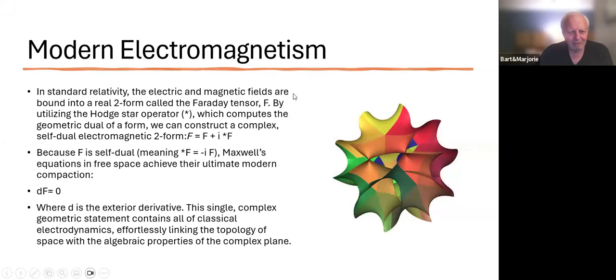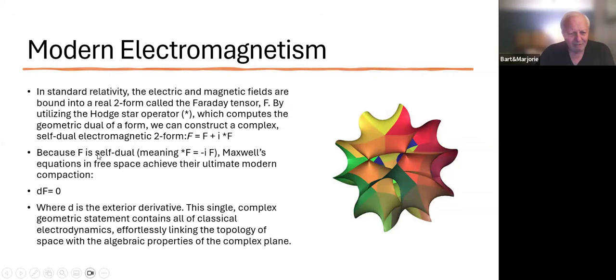In standard relativity, the electric and magnetic fields are bound into two forms, and they're called the Faraday tensor, or F. And so, utilizing the Hodge star operator, which computes the geometric dual of a form, we construct the complex self-dual electromagnetic two-form, which is the form plus the square root of -1 times the Faraday form.